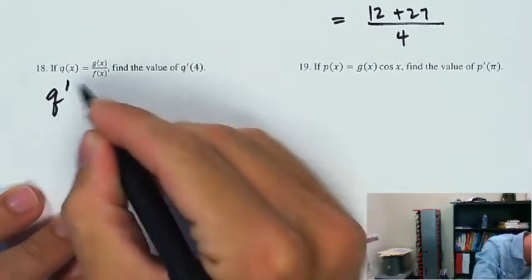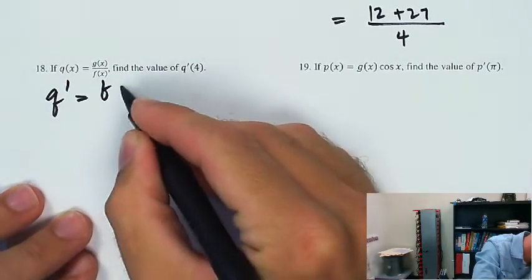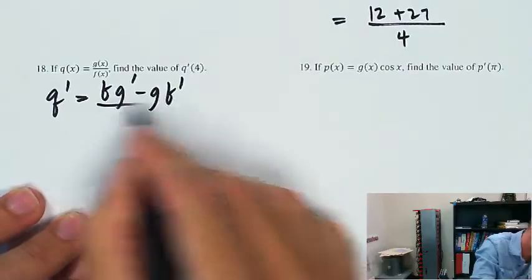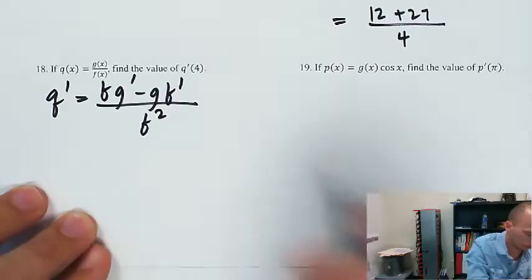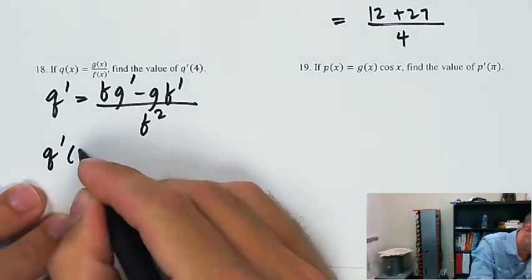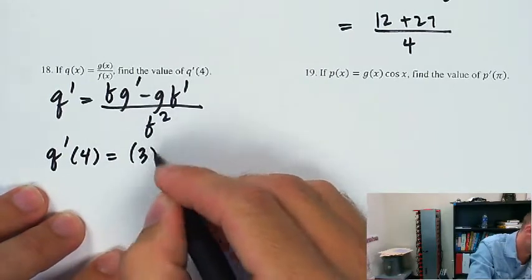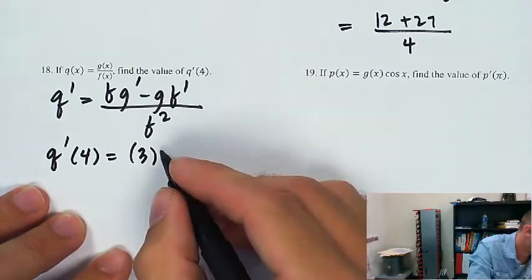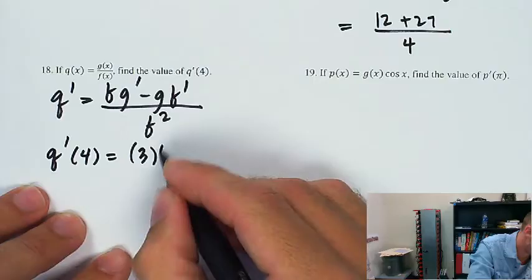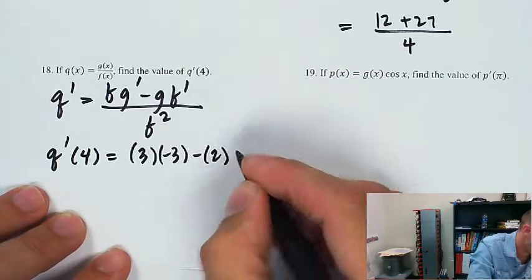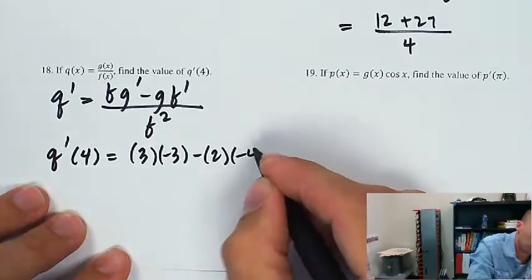So q prime is bottom times the derivative of the top minus the top times the derivative of the bottom, divided by the bottom squared. Q prime of 4 is going to be f of 4, which you're going to have to just believe me or look on your own sheet and see it's 3, times g prime of 4 is negative 3, minus g of 4 is 2, and f prime of 4 is negative 4.